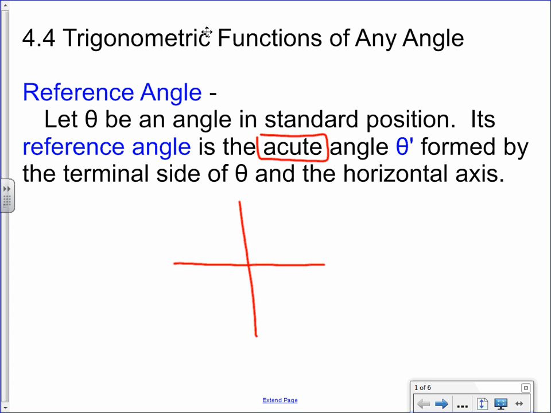So in degrees, this is 0 degrees, this is 180 degrees, and then here we are back to 360 degrees. Our reference angles are always going to be from the angle to the x-axis, so these are the values that are going to help us find the reference angle. Okay, let's talk about radians. At the x-axis, this is 0 radians. This is 1 pi, and then all the way back around is 2 pi.